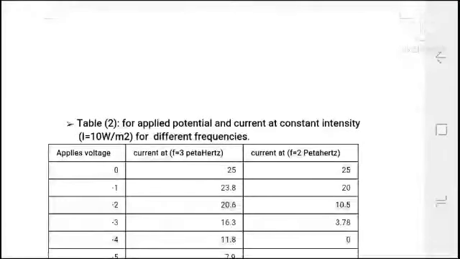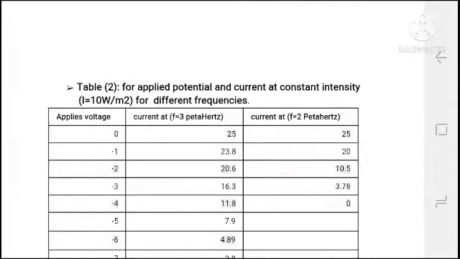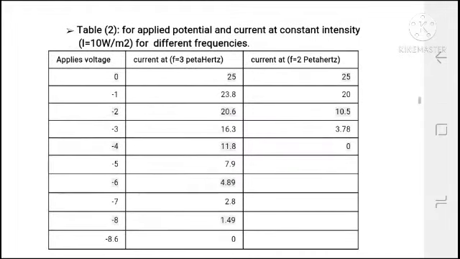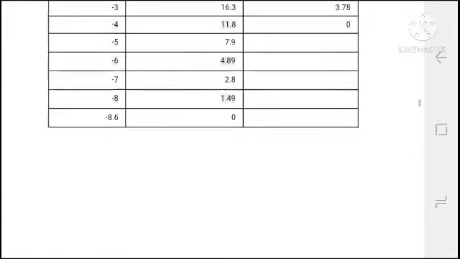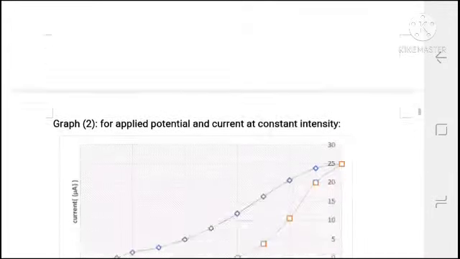Secondly, the second observation table is between the applied potential and current at a constant intensity for different frequencies. Here all the data are taken by the computer simulator of the virtual lab of Amrita Education, and we draw the graph of the above table.